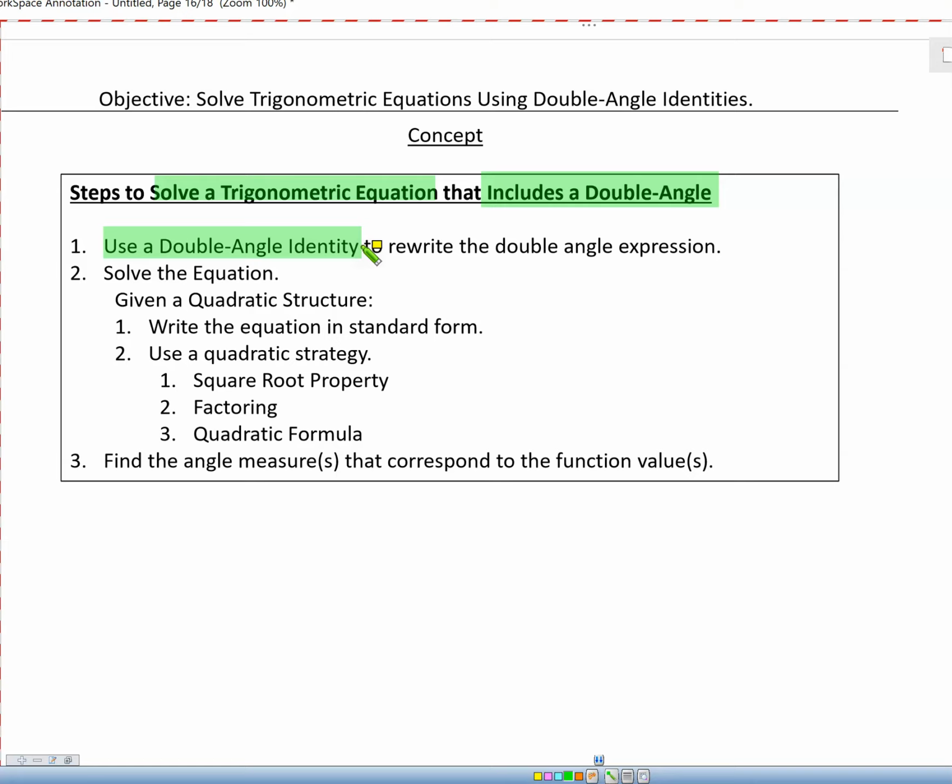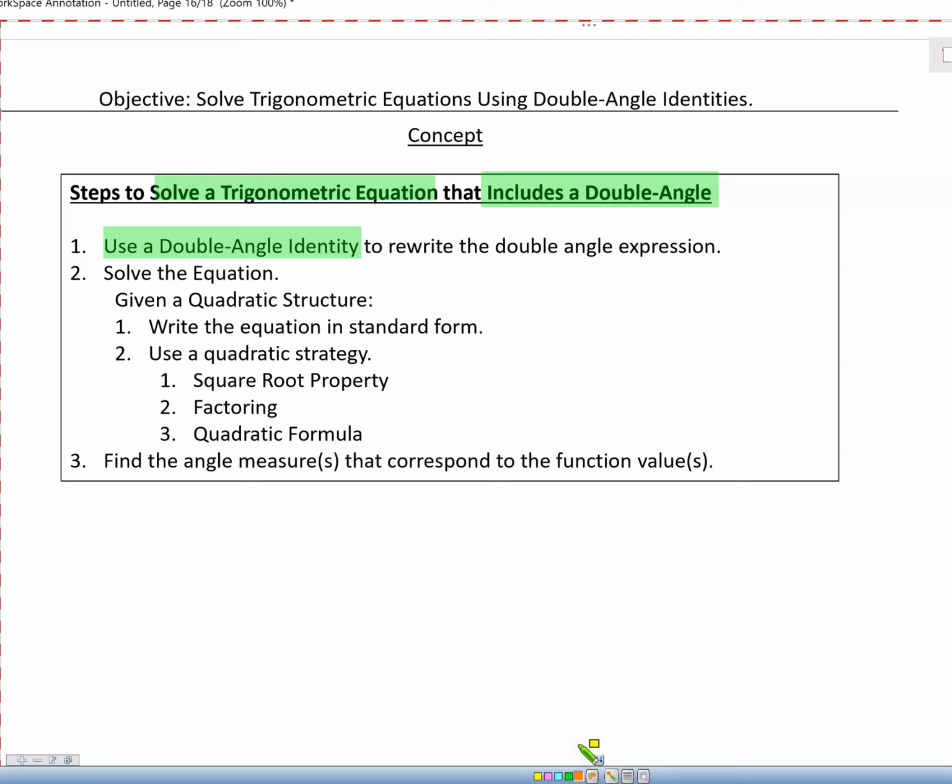It has just x. And that's probably one of the biggest things. You've got to look for that. And when you see a sine of 2x or a cosine of 2x, you have to use an identity to replace it. And then you can go on from there, very similar to how we've solved other equations.